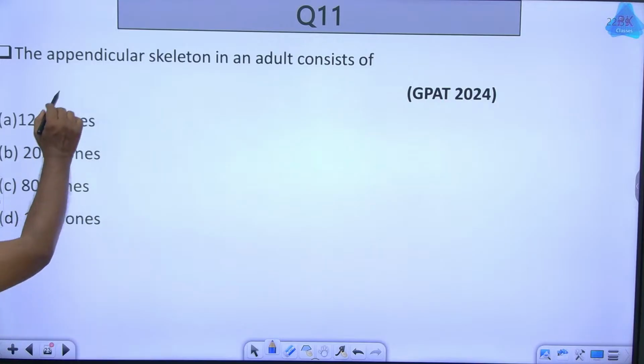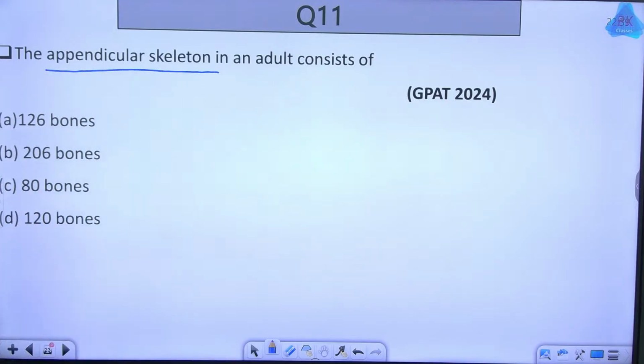The appendicular skeleton in an adult consists of how many bones? ठीक है?